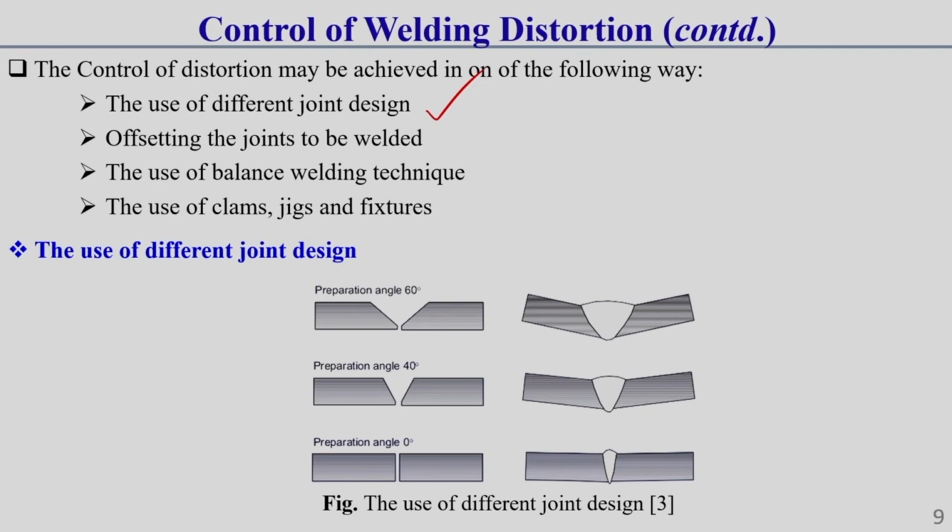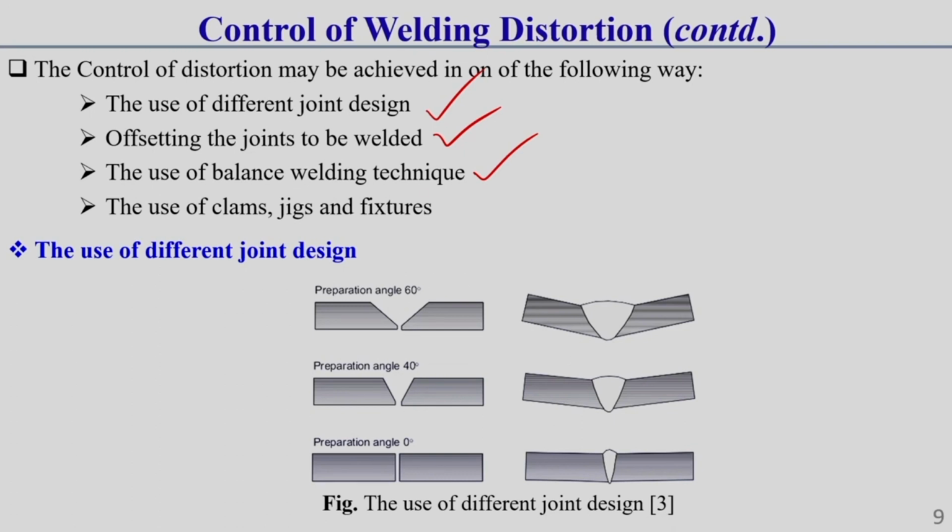How, that also I will discuss in detail. The use of balanced welding techniques, which I have already told in an earlier slide, but in detail I will now discuss in a subsequent slide. The use of clamps, jigs and fixtures also has a significant effect to control distortion. How, that also I will show now.